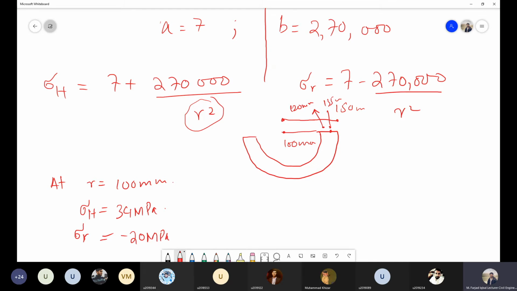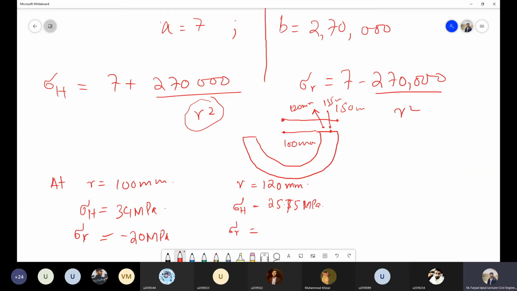So let's calculate another value at a radius of 120 mm. The hoop stress is 25.75 megapascal.